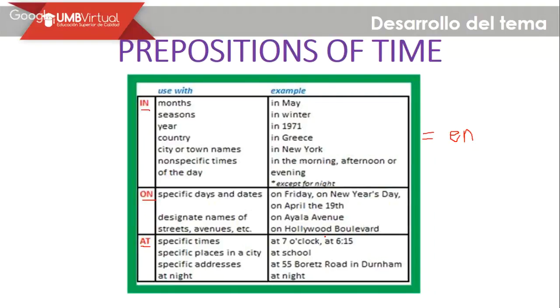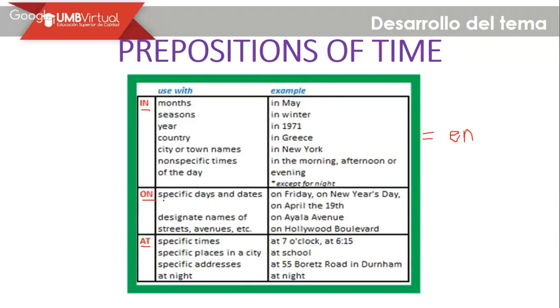For night, we use at, like in here. Okay, with on, we have to just practice. Try to write as many sentences as you can, or try to find more online exercises to work with this, so you can learn by heart in which cases you use in or on or at. But this is a very complete chart that you can use to understand how to use the prepositions.